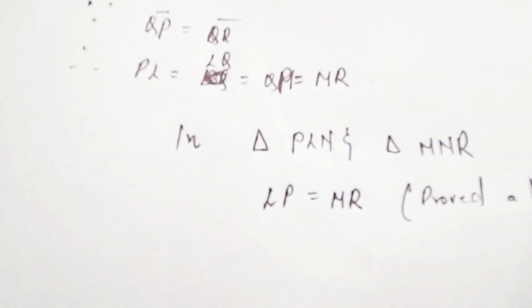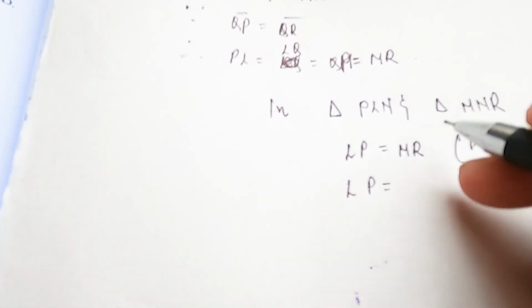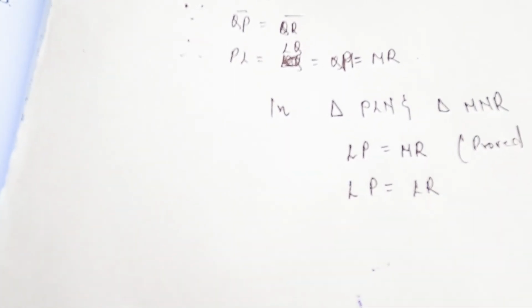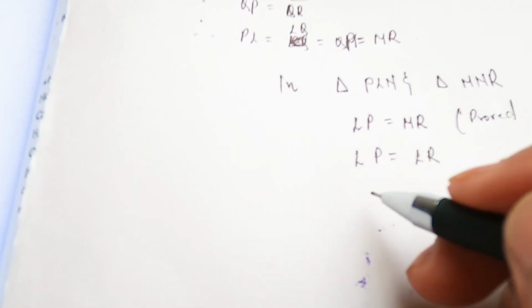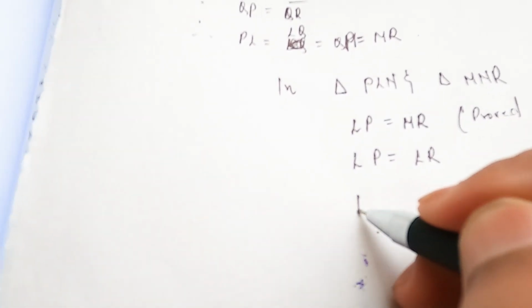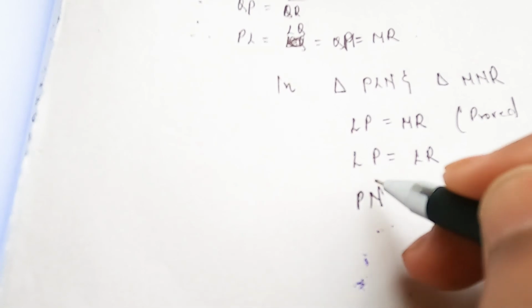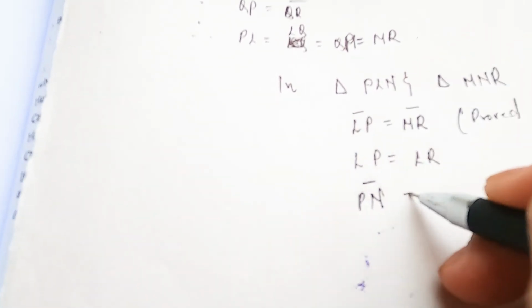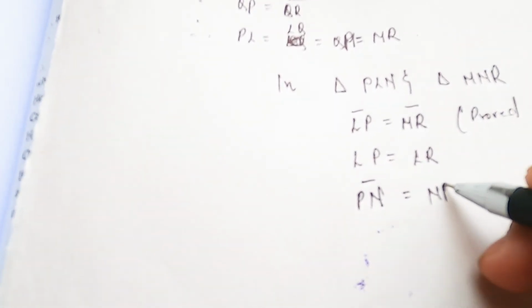Proof from above. Then angle P is equal to angle R. And the last one, side PN is equal to side NR, which we have also proved above.